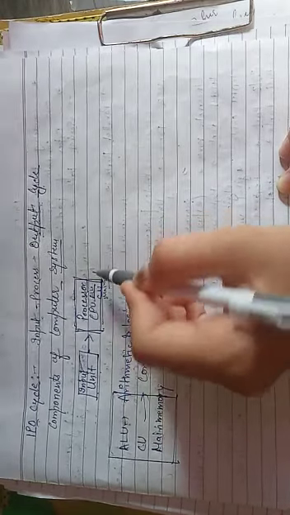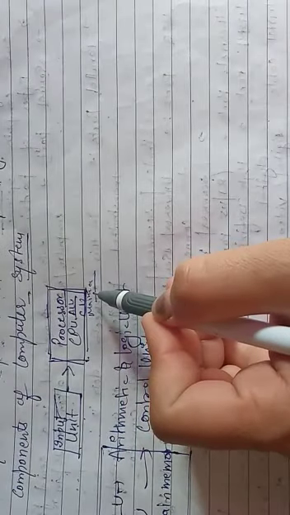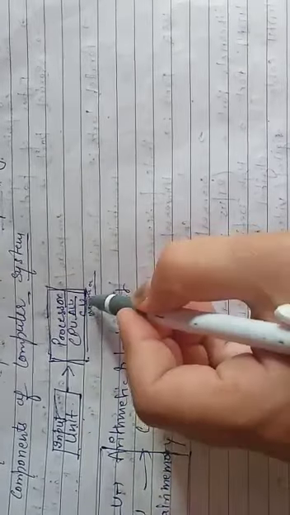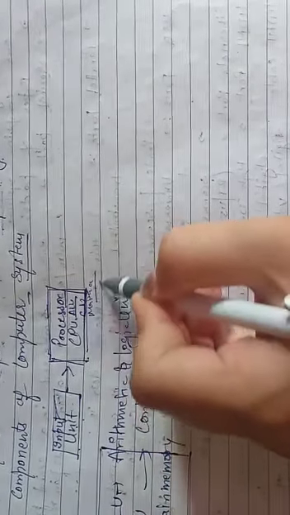Here CPU is composed of ALU, CU, main memory. What does ALU do? ALU is responsible for arithmetic and logical operations, and what does CU do? Control unit is responsible for controlling the flow of instructions, like which instruction is to be executed or which is not, what should be the flow of instructions.